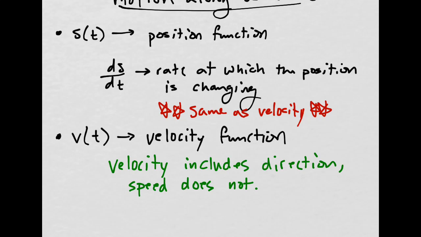So velocity includes direction. If the velocity is positive, that means the particle is moving forwards. If the velocity is negative, that means the particle is moving backwards. So if you have a velocity that's 20 units per second, then that's moving forwards because it's a positive 20. If you had negative 20, it's the same speed, but it's moving backwards because it's negative.